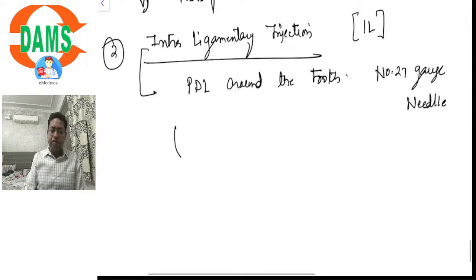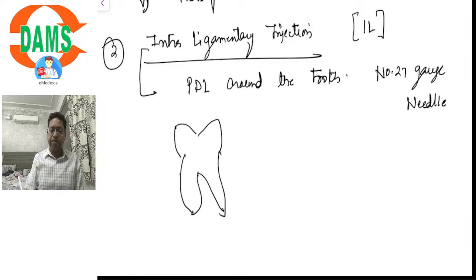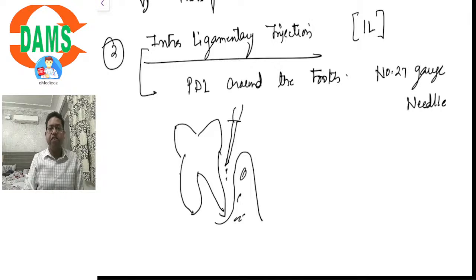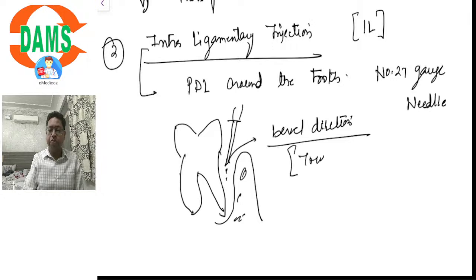So if this is a tooth that needs to be anesthetized, this is the bone around the tooth. Then the needle would be inserted into the PDL and local anesthetic deposited. Here the important thing is the bevel direction. The direction of the bevel should be toward the bone and not toward the tooth.